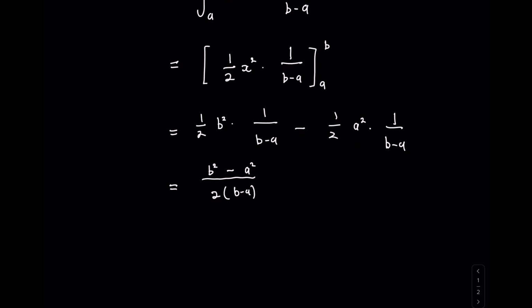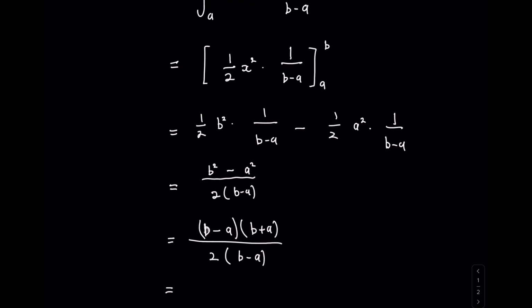Now, importantly, we're going to use something we're hopefully familiar with, which is the difference of perfect squares. So b squared minus a squared we can rewrite as b minus a times b plus a, all over 2 times b minus a.